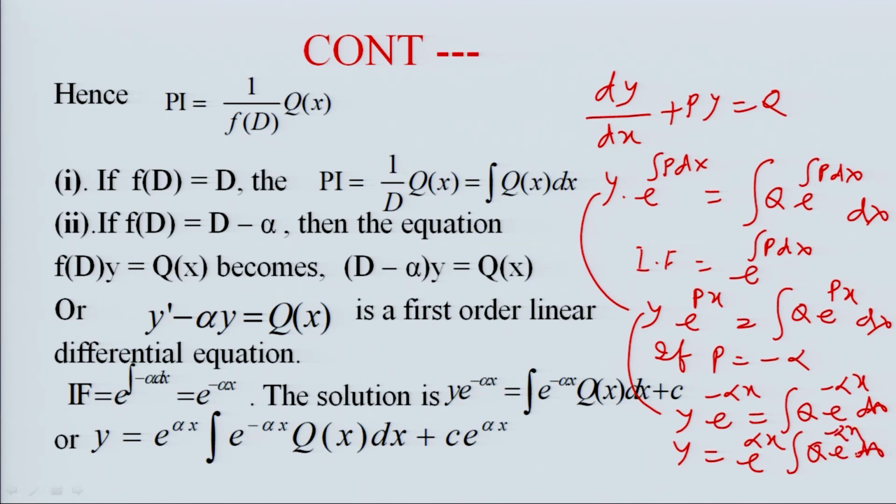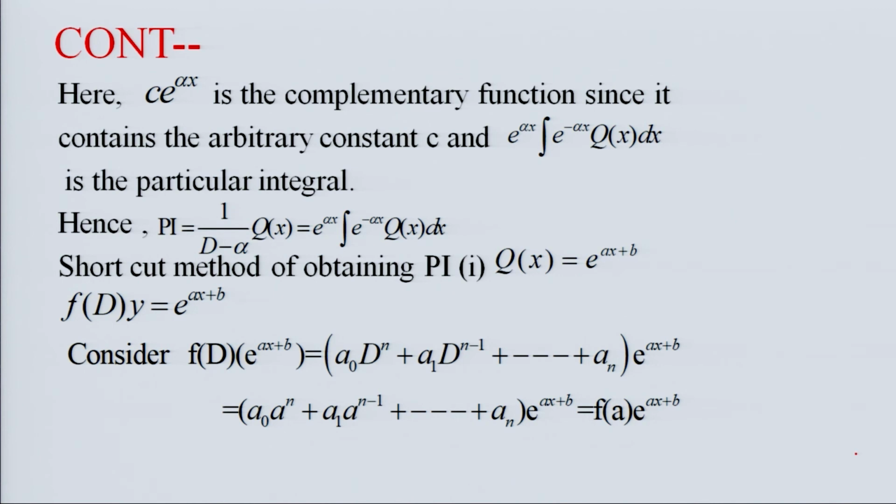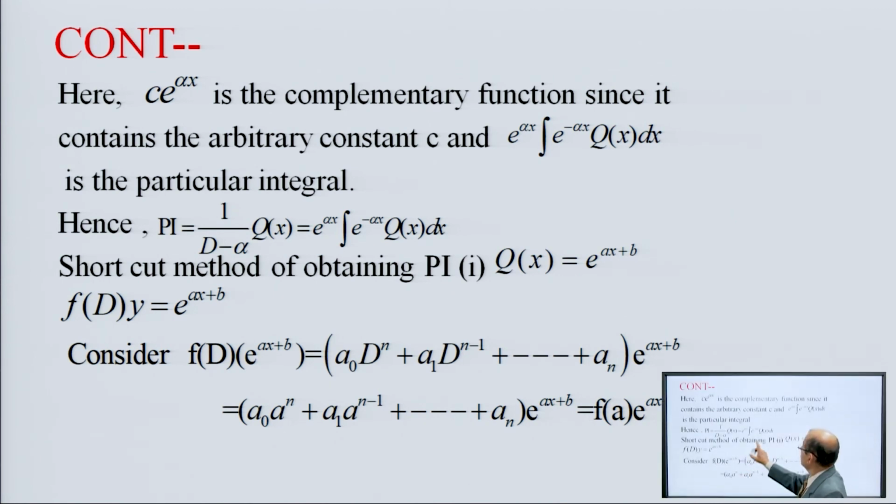But it does not contain the arbitrary constant. The particular integral does not contain an arbitrary constant, so we have to omit C, since that is part of the complementary function.